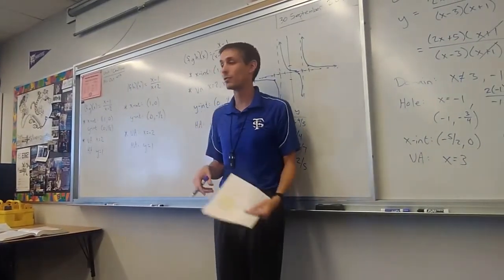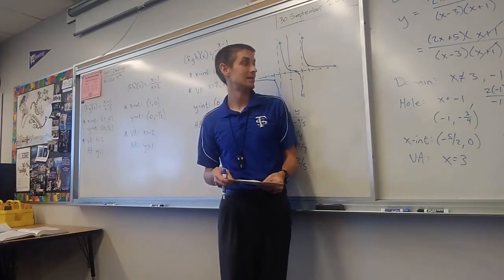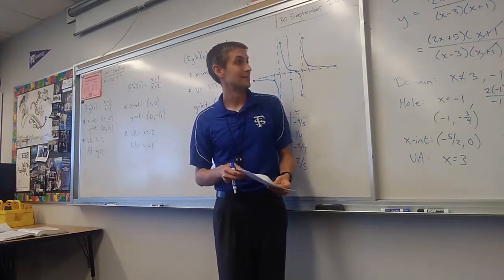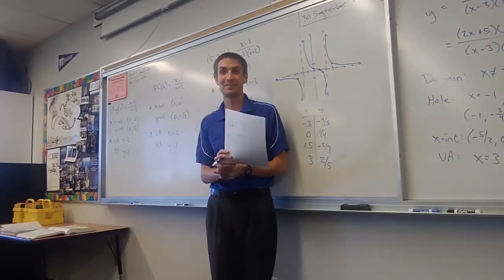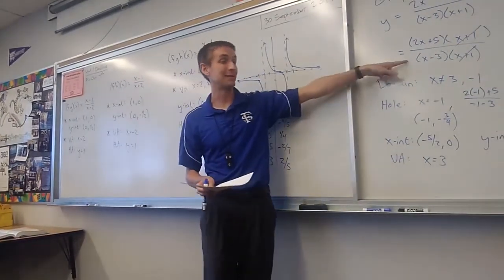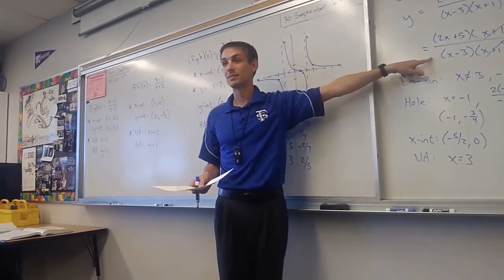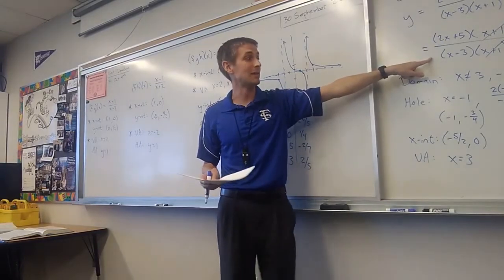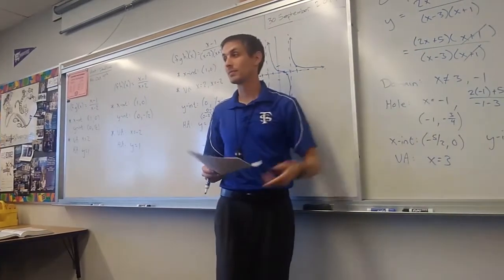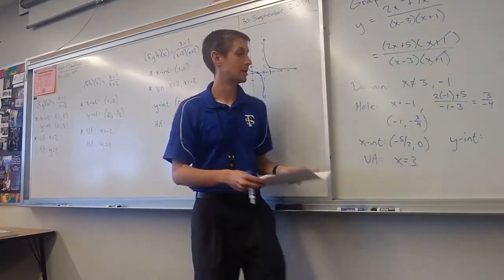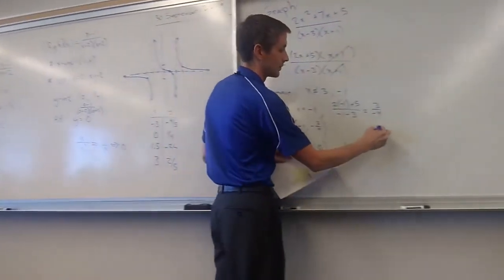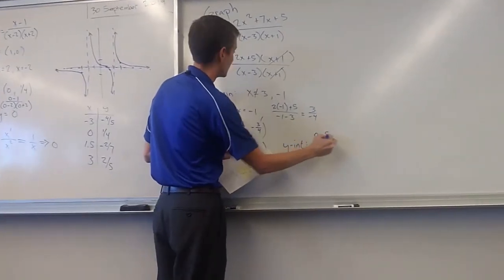You should get the same thing either way. This is less to plug in, though. That's really the graph we're doing, just with a hole in it. If I plug in a 0 here, I get 0 plus 5 in the numerator, 0 minus 3 in the denominator. Negative 5/3. So in coordinate form, 0, negative 5/3.